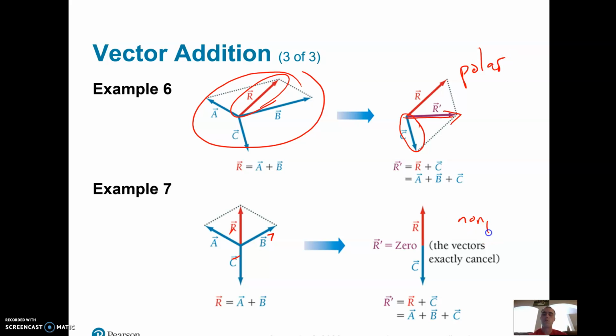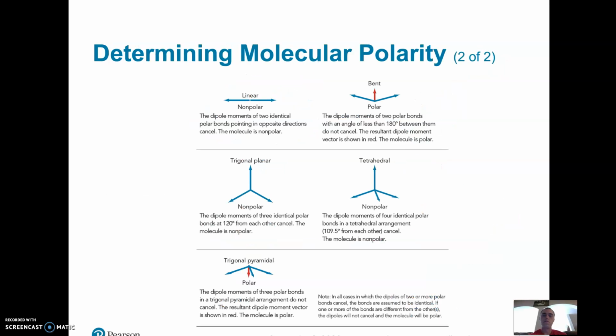This would be nonpolar. Okay, so it's all about where the bonds are located. Are they pulling opposite from each other, or is there some offset angle? And then are those individual bonds polar or nonpolar?